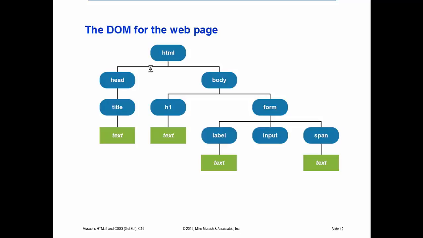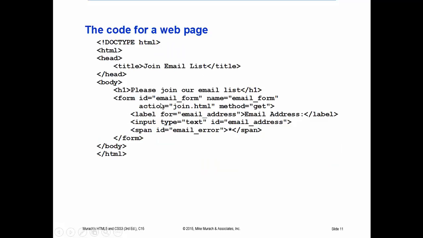The body has two child nodes right under it, an H1 node and a form node. The H1 node has a text node under it. The form node under it has a label node, an input node, and a span node. The label node and the span node each have text nodes under them. So again, this is kind of a visual interpretation of what's going on here.